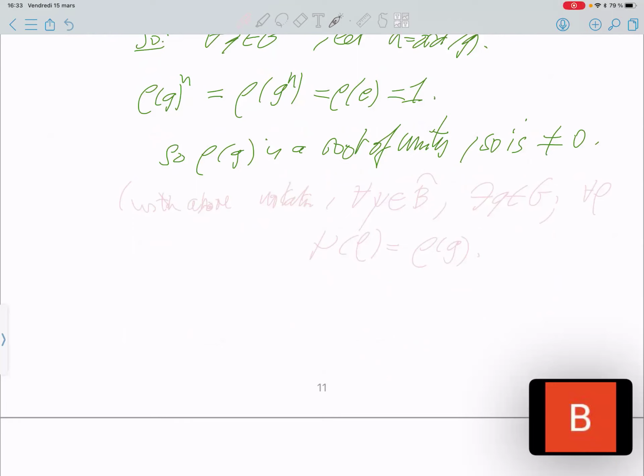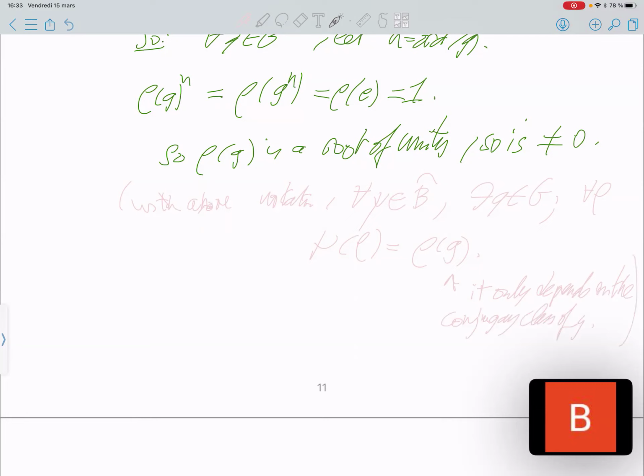And in fact, it only depends on the conjugacy class of g. We have the same.